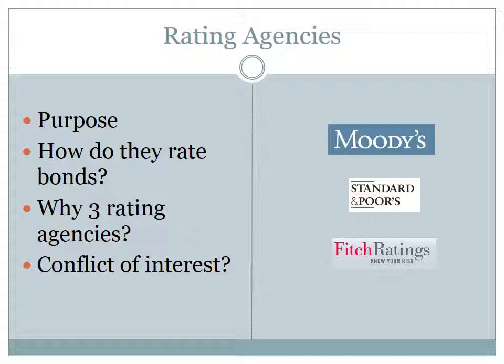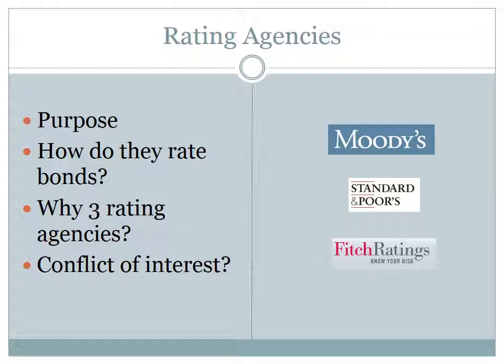Some people will complain that there's a conflict of interest. I mean, if you're paying Moody's and Standard & Poor's and Fitch's to rate your bonds and you can drop them if you want, why would there be an incentive for them to give you a low bond rating? Even though there has been some evidence of conflict of interest in the past, and that's kind of a longer story than we have time for right now, for the most part, they're pretty straight.